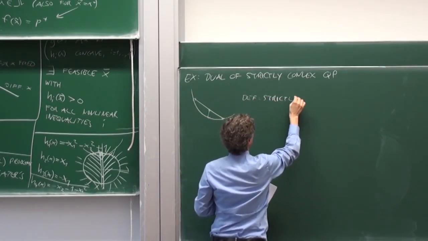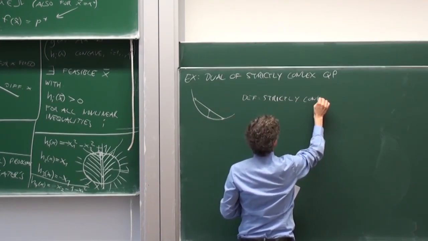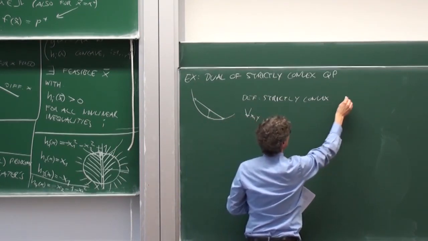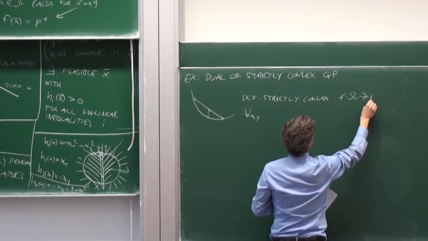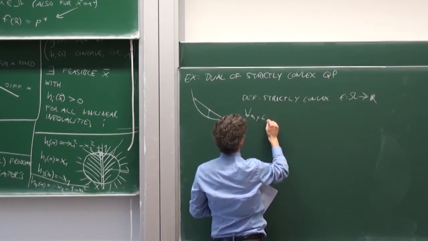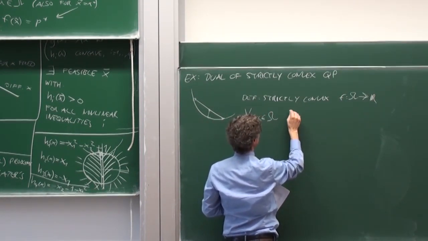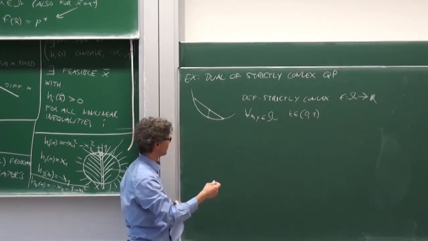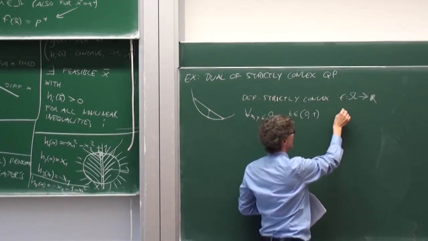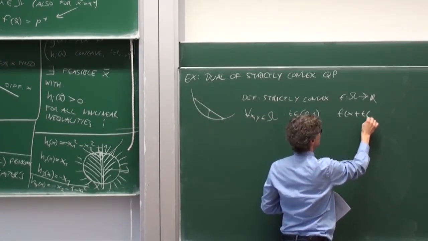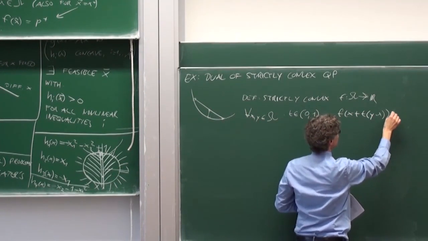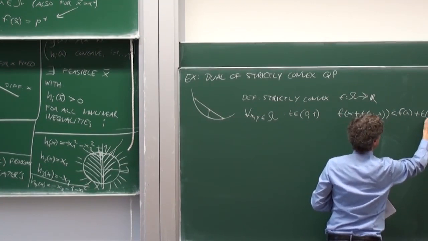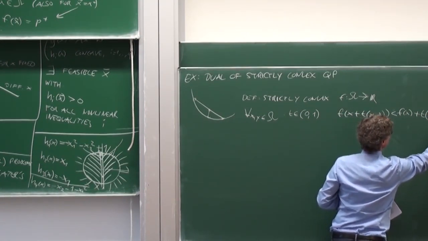Strictly convex means: an f from omega to R is strictly convex if for all x and y in omega, and for all t in the interior of 0 and 1, that's the important difference now, you're only looking at the interior points, then f of x plus t times (y minus x) is strictly smaller than f of x plus t times (f of y minus f of x).